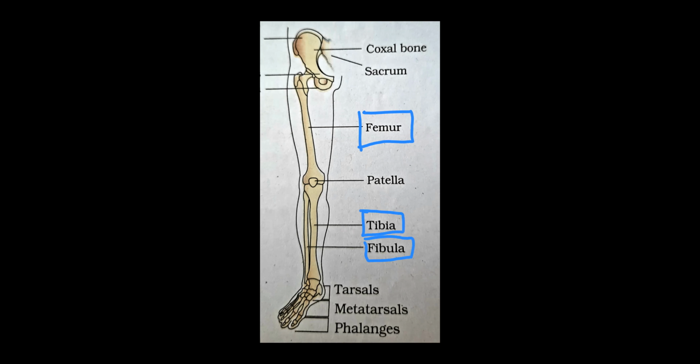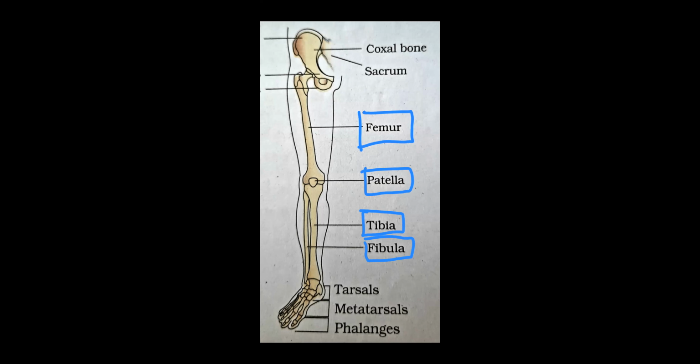Now, if you see in the knee joint, there is one bone called patella, and along with that, this articulation is facilitated by femur from the upper side and tibia from the lower side. Of course, fibula is not a participant in the same.